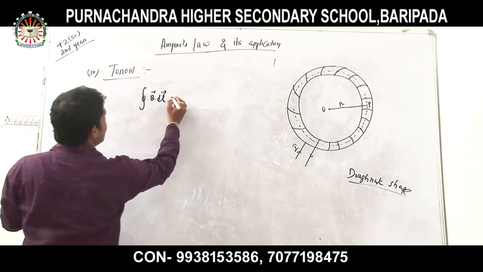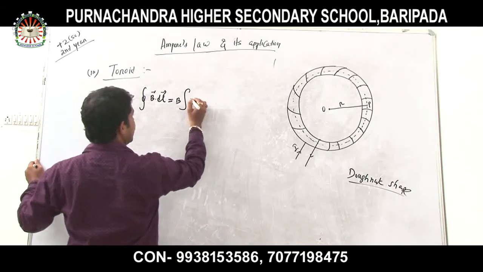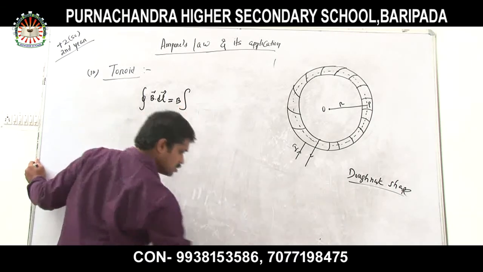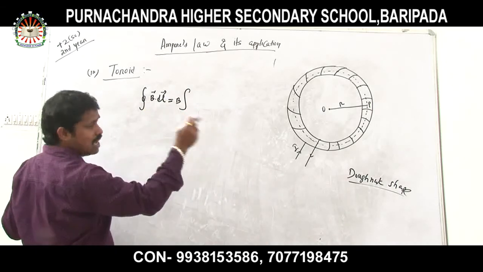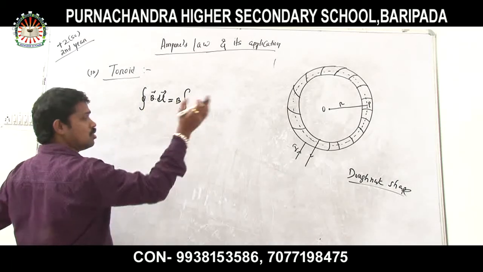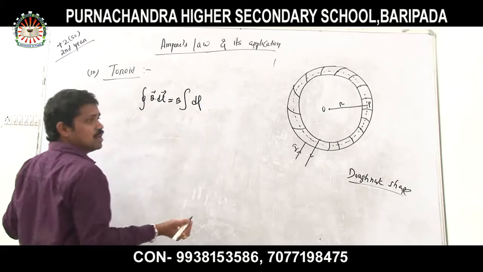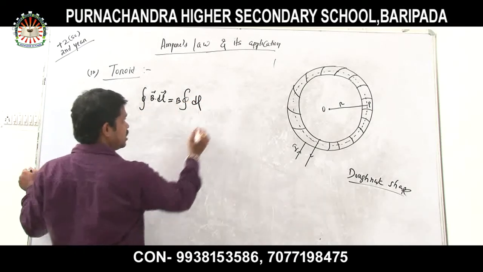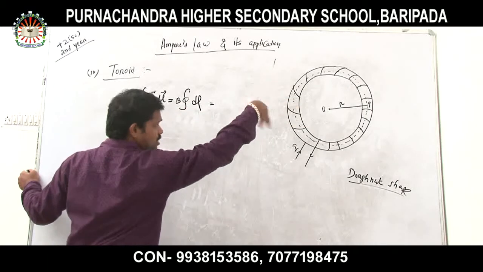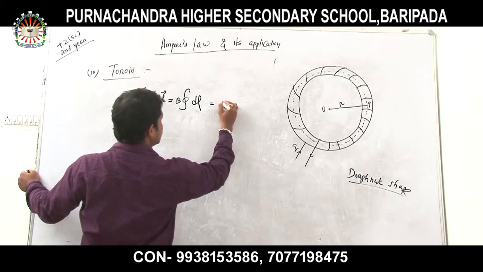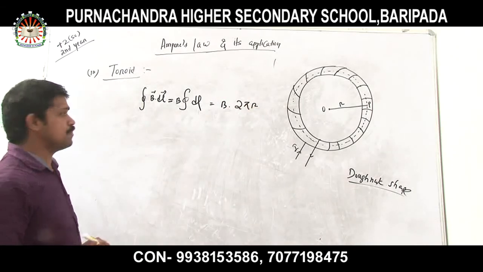So B dot dl is B dl cos theta, theta becomes 0 degrees, so cos 0 is 1, so this is B dl. Let us take B outside, so the closed integration of dl, that means the circumference of the loop, which is 2 pi r, so B into 2 pi r.